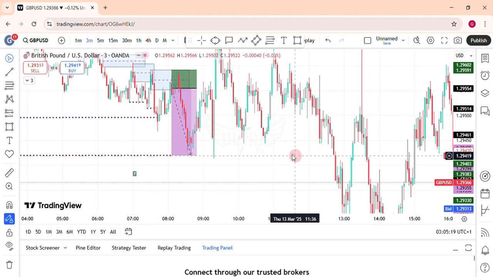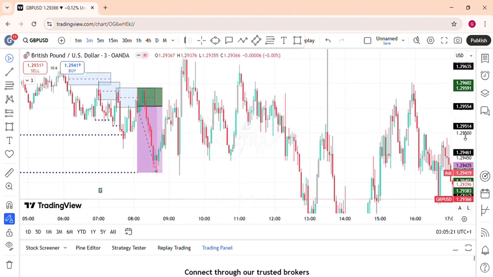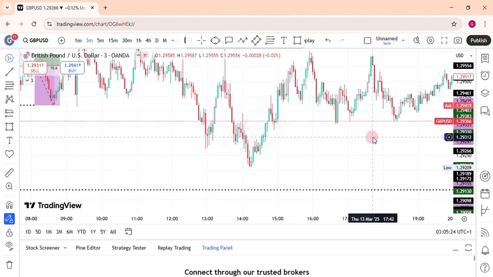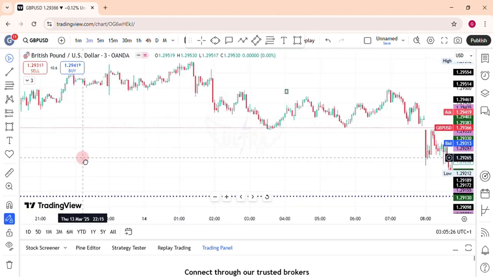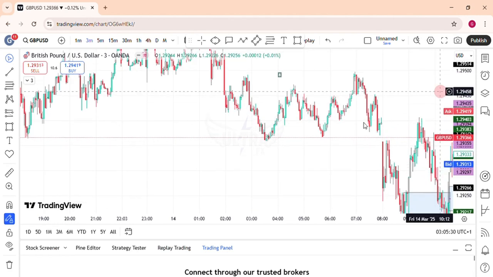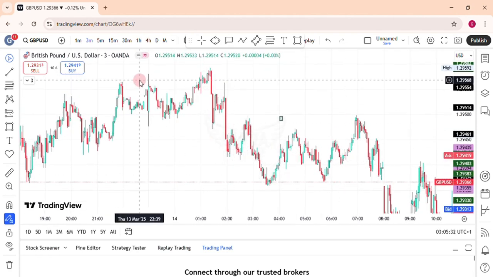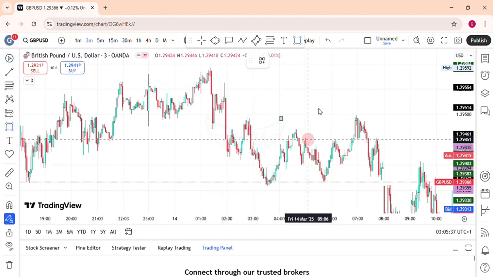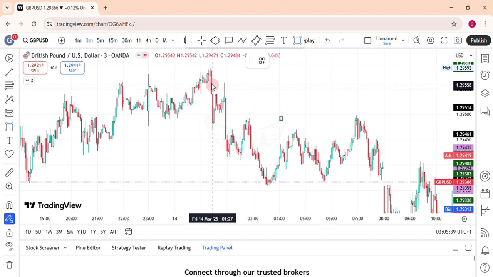So on to the next one, which is our number 8 trade. So let's look for our number 8 trade. Now this is our number 8 trade. We have a fair value gap as usual. This is our fair value gap here.